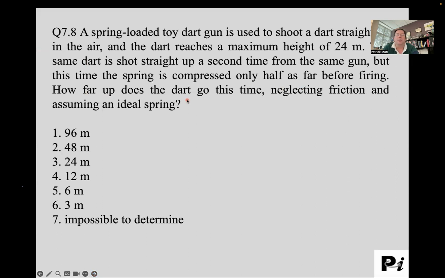How far up does the dart go this time? We neglect friction, and we assume it's an ideal spring, so we don't have to worry about the mass of the spring, and it does follow Hooke's law. All right, try to work that out, and we'll compare answers in just a second.